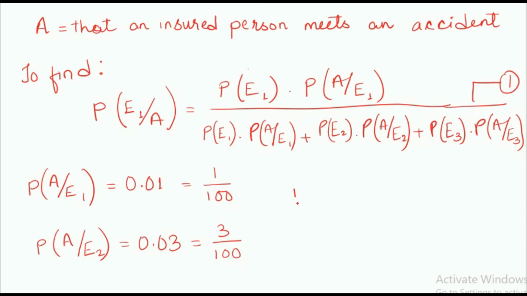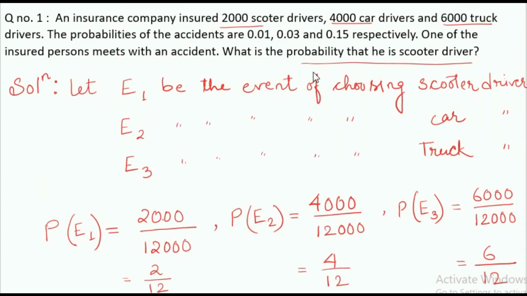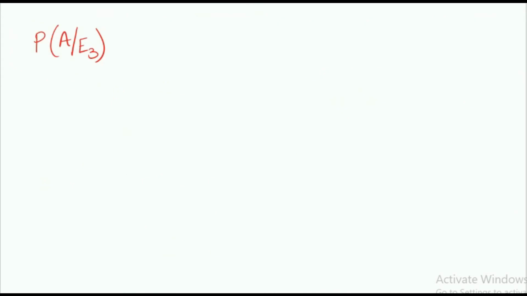Next we need to find probability of A given E3, that means a truck driver meets an accident. This is given as 0.15, that is 15 by 100.